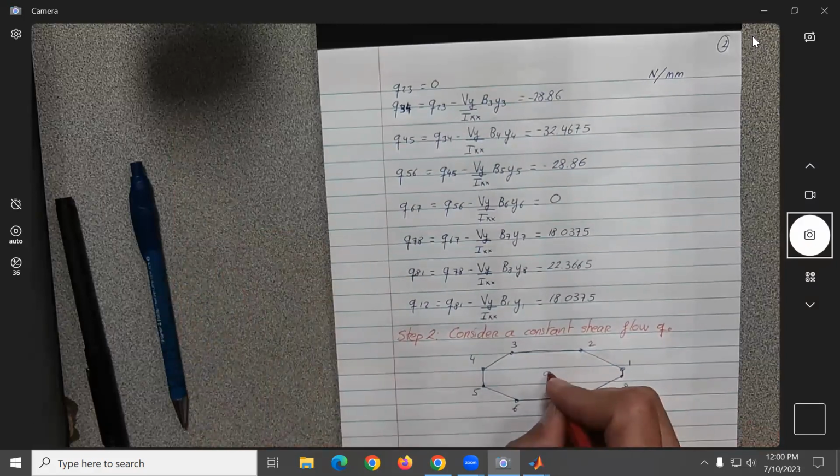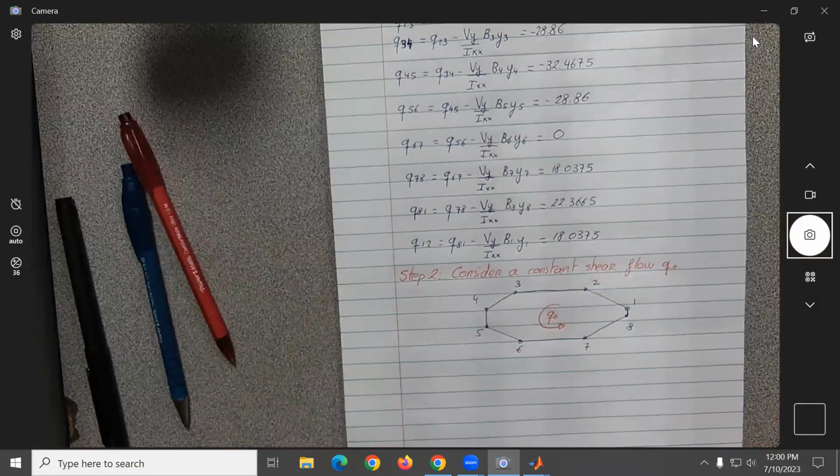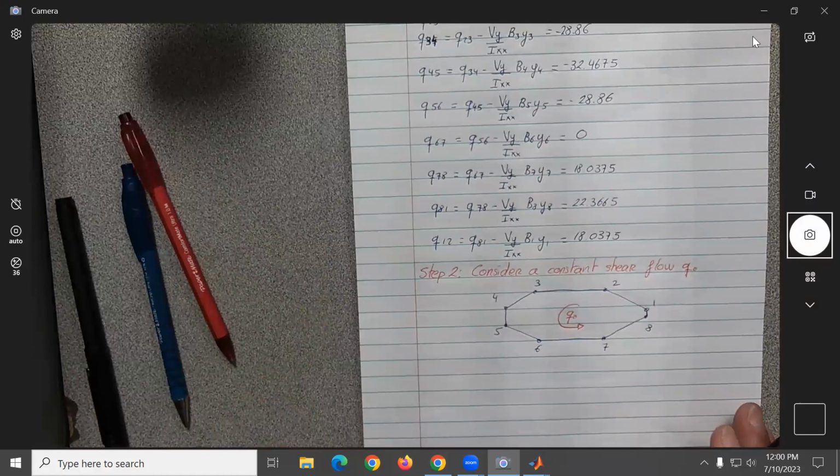We're going to assume our constant shear flow.